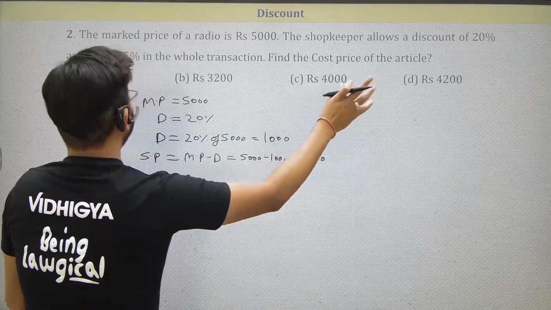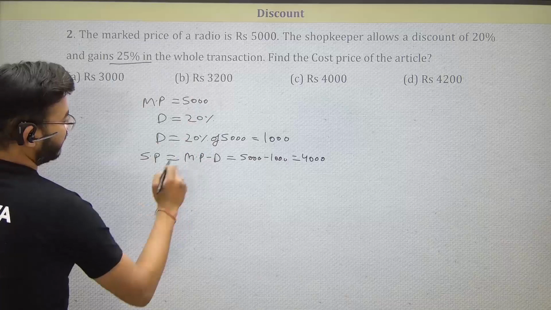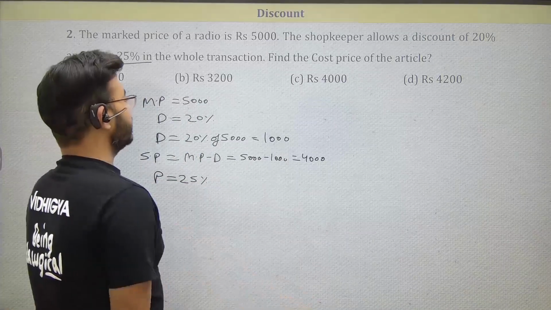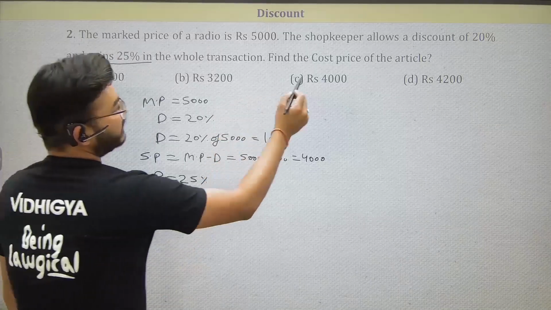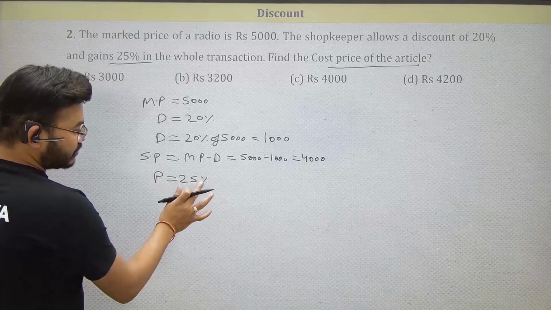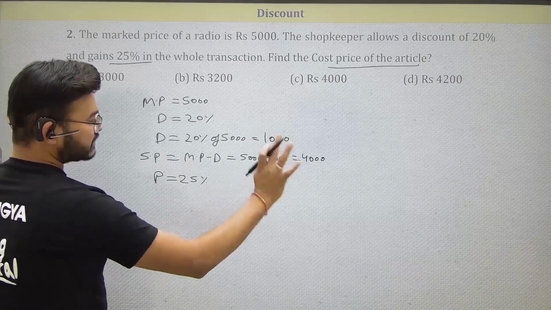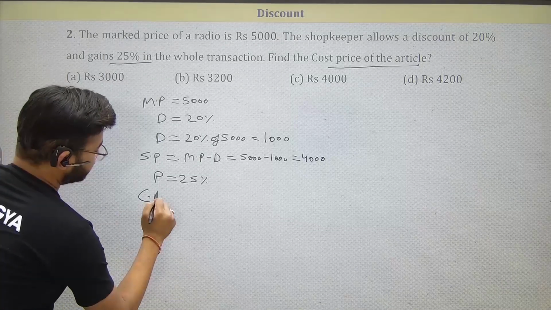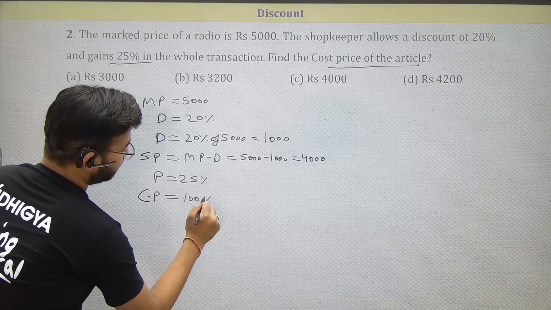Now the shopkeeper allows a discount, and he gains 25%. So profit is given to us as 25%. Find the cost price of the article. So again, we are given profit as 25%. We know the selling price is 4,000. Let's say the cost price is 100x.